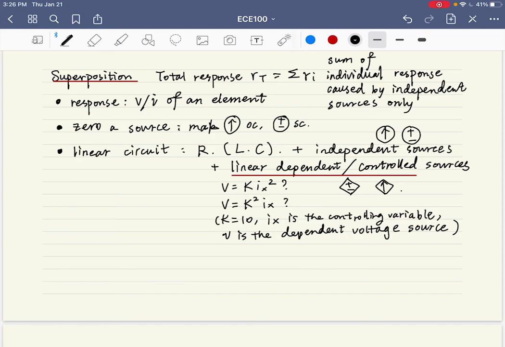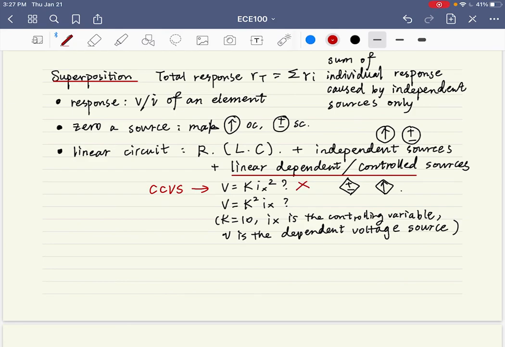Let's see this example. Suppose we have a controlled source, a current controlled voltage source, equal to K, a constant, times the square of Ix, which is the controlling variable. Is it a linear controlled source? No, because it corresponds to the square of the controlling variable.